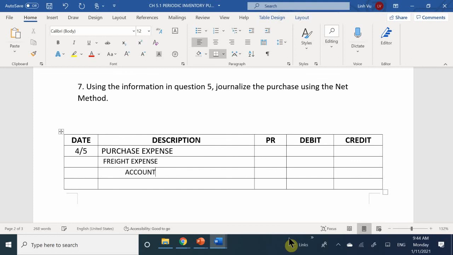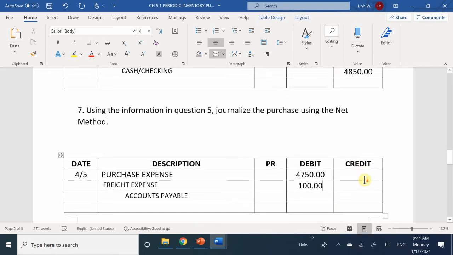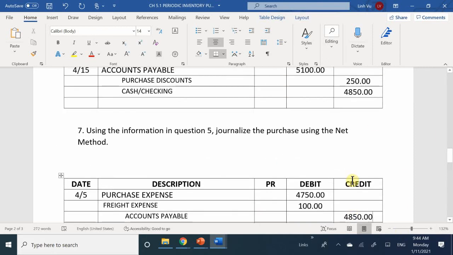Now, because we're using the net method, what is actually going to be recorded? So we calculate the discount up front, it'd be $47.50. How much was my freight? Bringing my grand total to be $4,850. Good. All right, and that's using the net method.